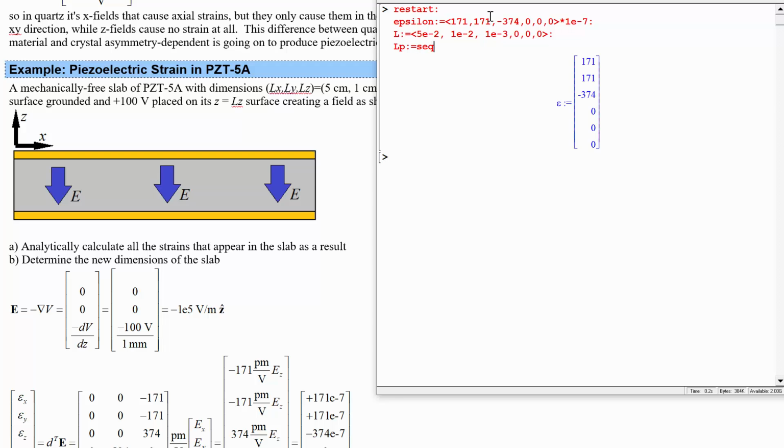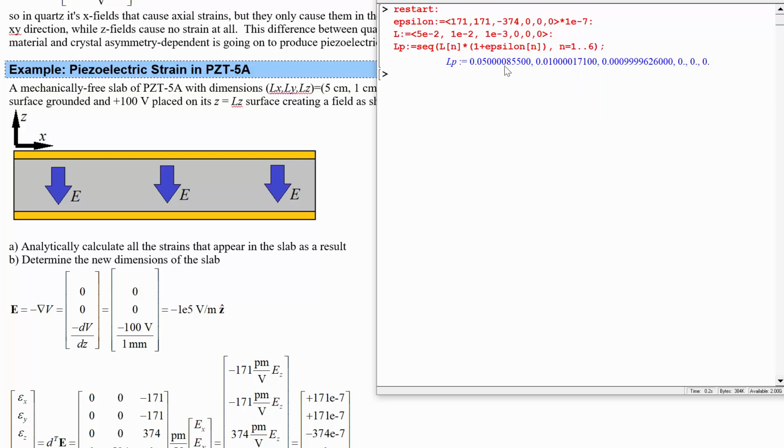We don't really need to put it back in a vector, so we'll just use the simple formula. Sequence of, actually, L n times 1 plus epsilon n. So the original length times 1 plus the strain. Okay, and we'll do that for n is equal to 1 to 6. Great.